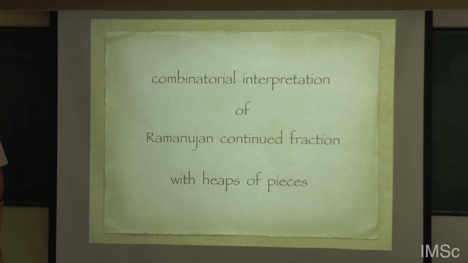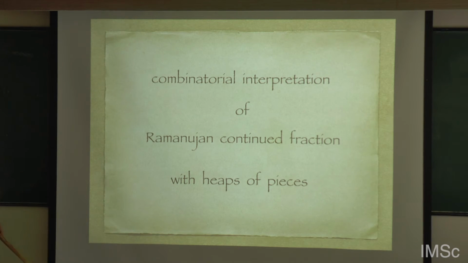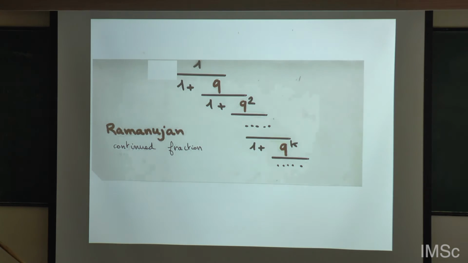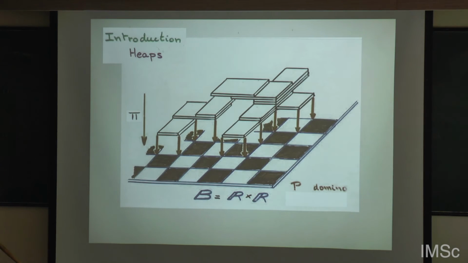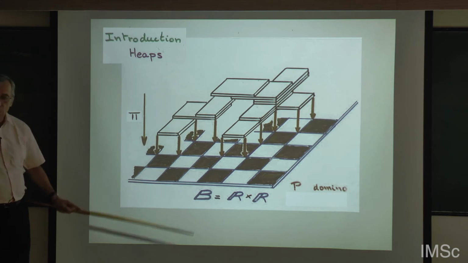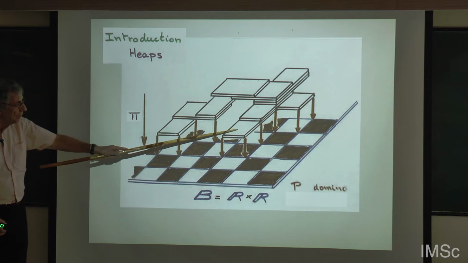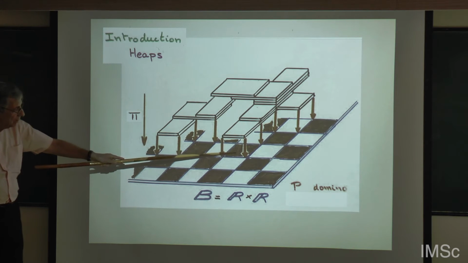So now I am going to interpret the Ramanujan continued fraction with what are called heaps of pieces. So this is a continued fraction, and this is the heaps of pieces. So imagine a chessboard, and imagine some diamonds in wood, and you put them one by one. They fall down on the chessboard such that the diamond is projected on such a diamond.